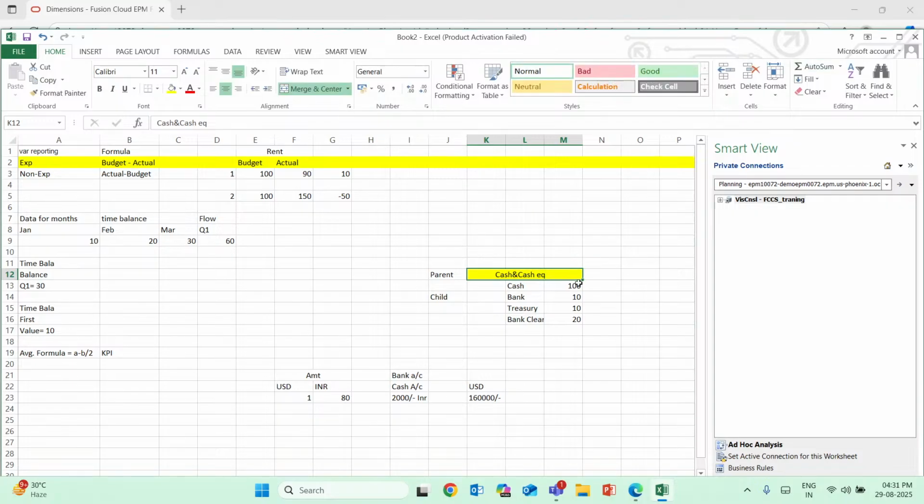Let's use the auto sum. It's not going to work here, so I'm going to put this here.